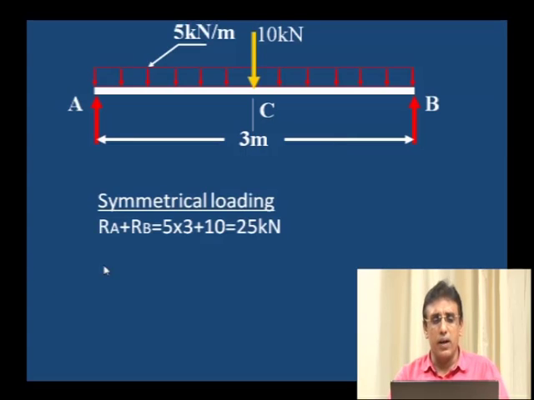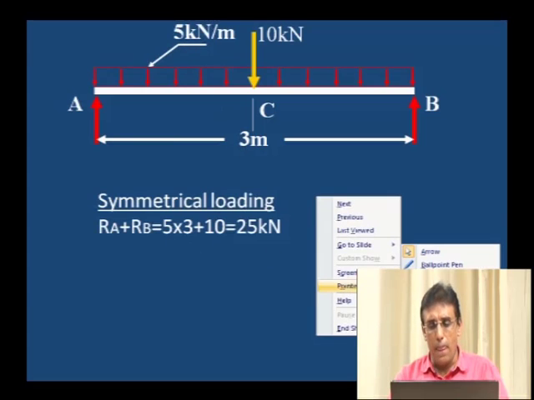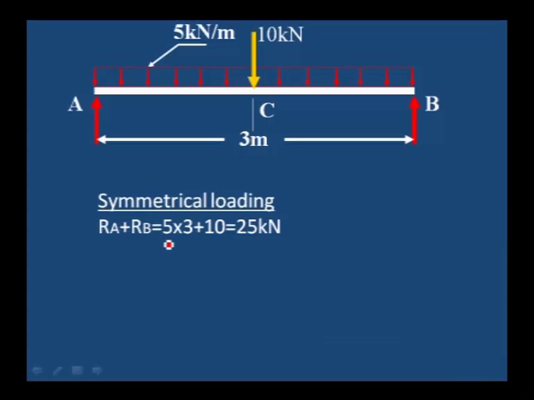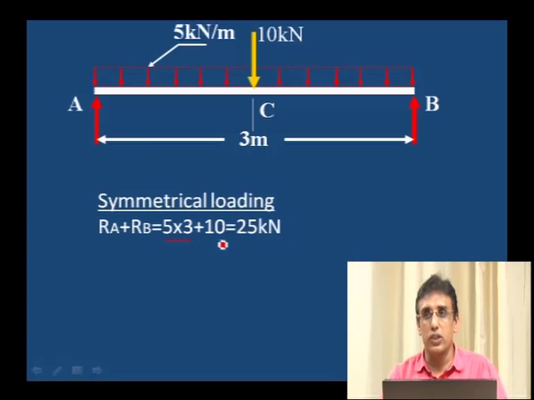RA plus RB will be equal to the total downward load, that is 5 kilonewton into 3, 15 kilonewton, plus 10 kilonewton. 5 into 3 is the uniformly distributed load plus 10 kilonewton is the point load. This is the total load acting on the beam.